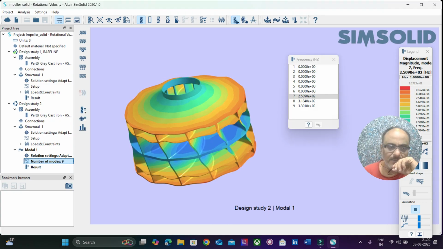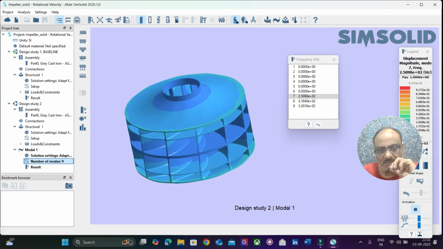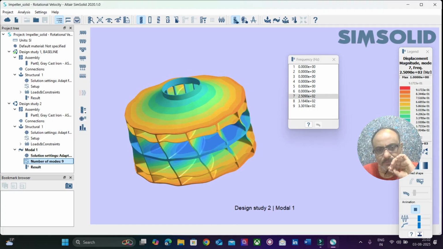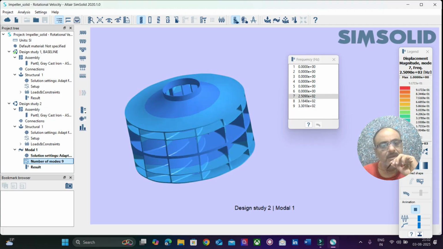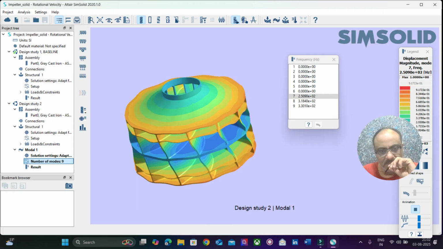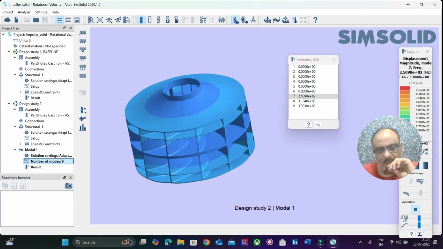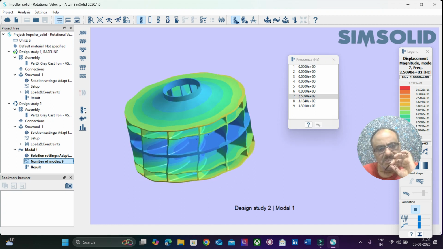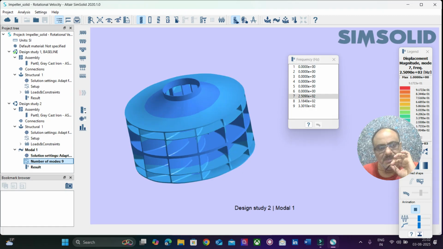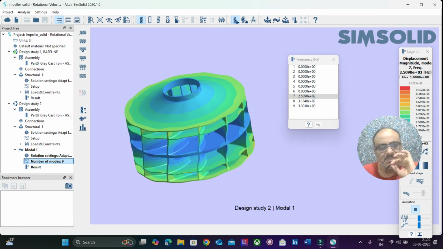Now what we are trying to understand is the significance of finding out these 3 modes, why we are finding out the normal modes. This particular normal mode simulation is when the system is completely at rest.